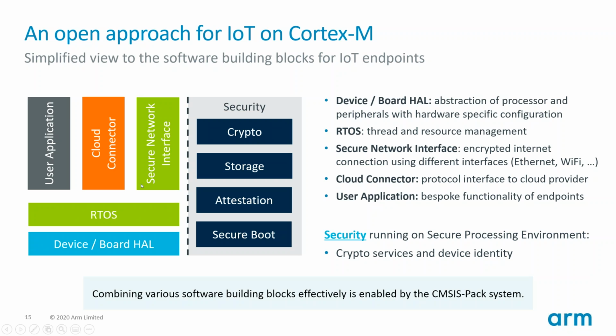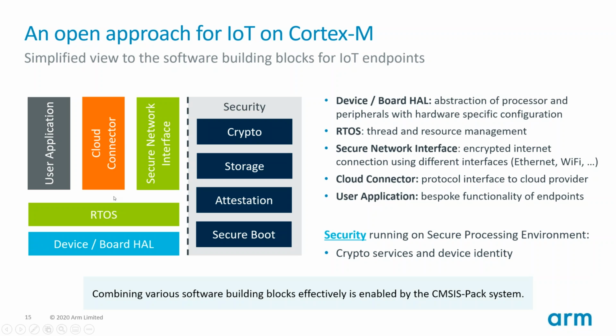The secure network interface actually brings the connectivity into the system, right? Because the device needs to be connected, and this also needs to be flexible and secure. So this is achieved with the secure network interface that I will explain a bit more in the next slide.